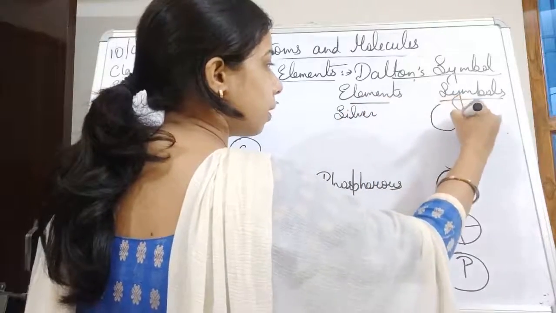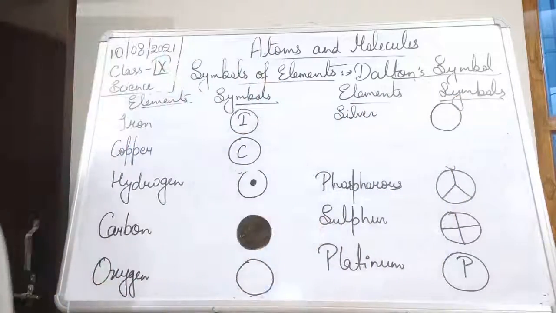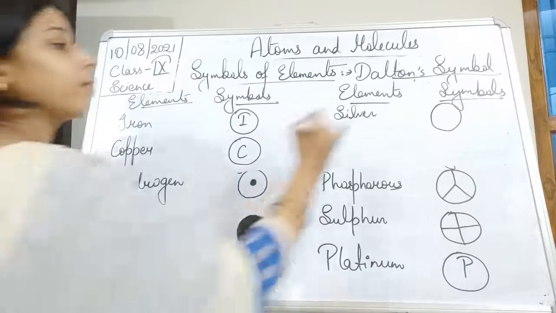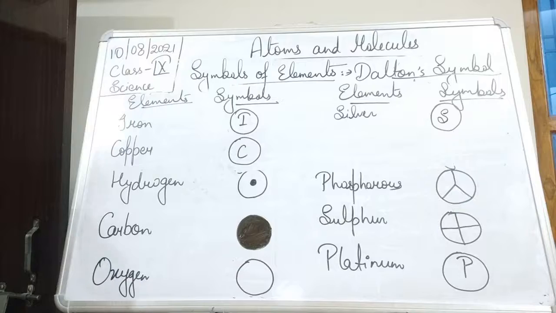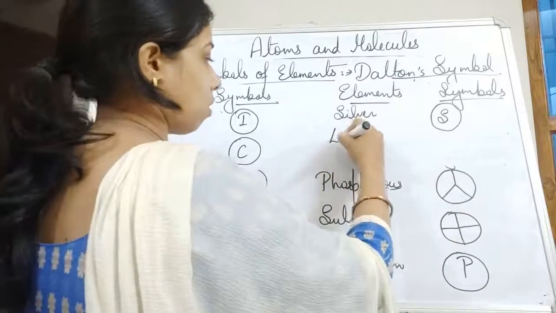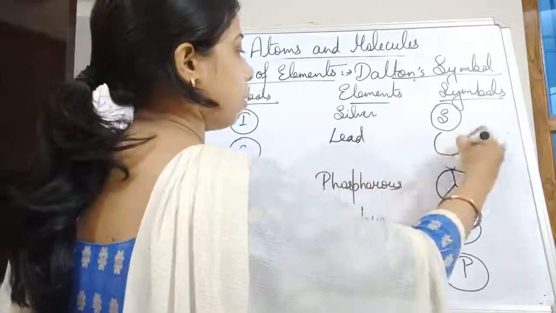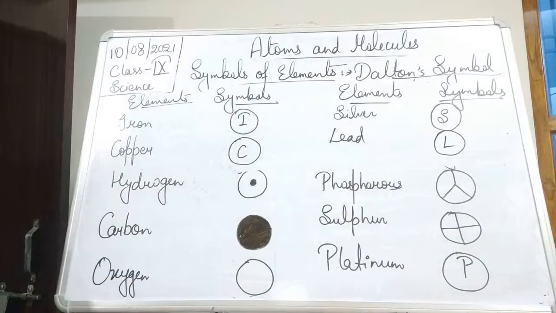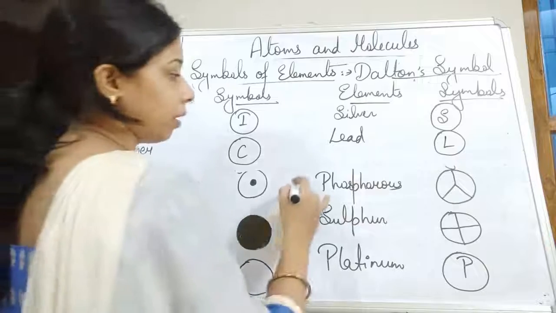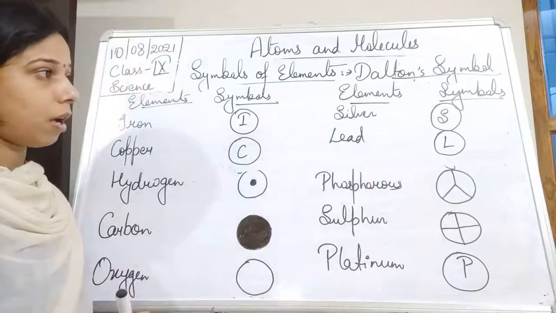Symbol of silver is S. Then lead. Symbol of lead is L. Then mercury is also there.